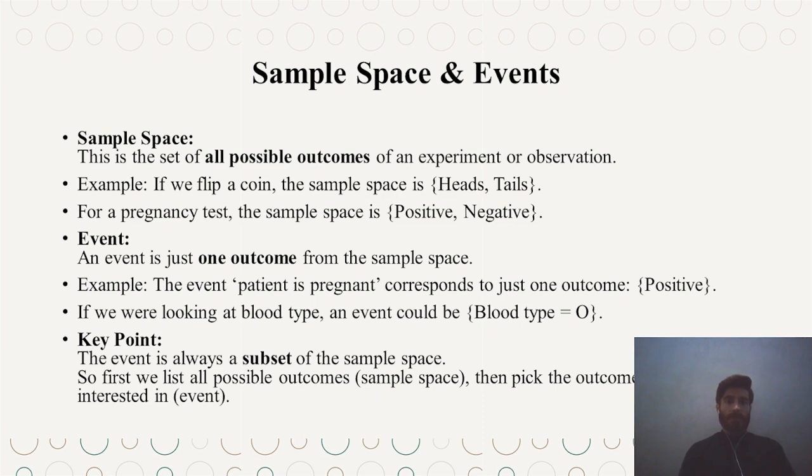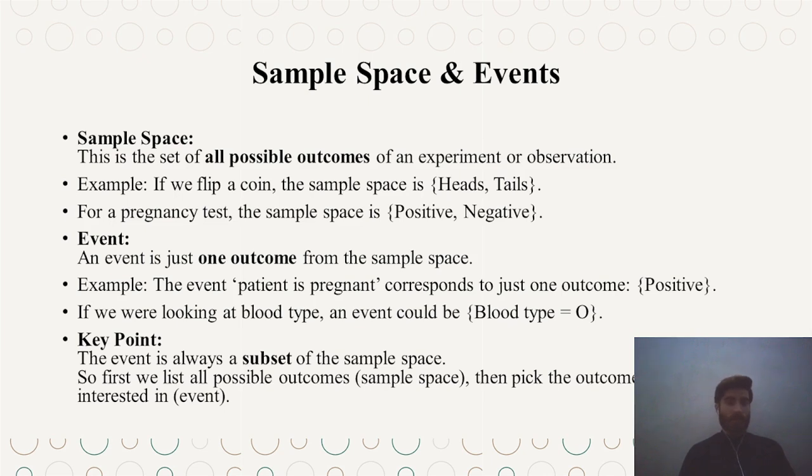Now let's learn what is sample space and events. So what is the sample space? Sample space is all possible outcomes. For example, if we have a coin, the sample space will be heads and tails both. If we have done a pregnancy test, the sample space will be positive and negative.